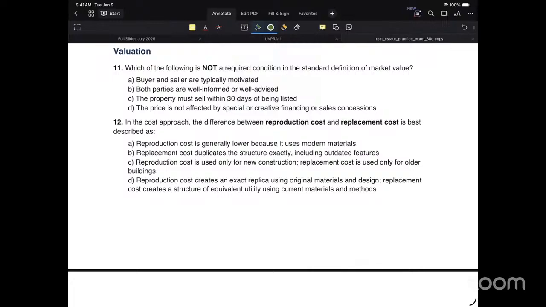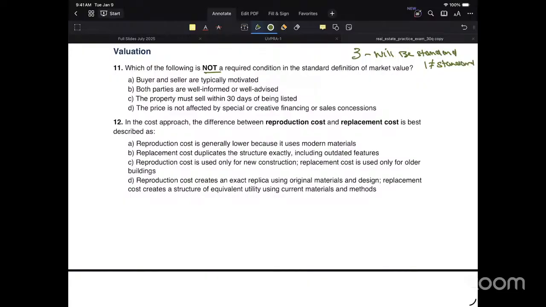Which of the following is not a required condition of the standard definition of market value? So three things will be standard in that definition, and one is not standard. Let's take a look at our answer choices.